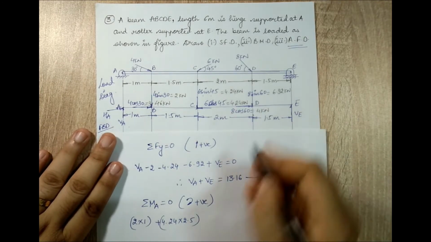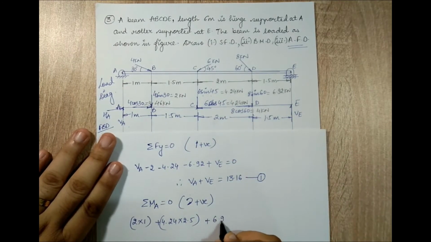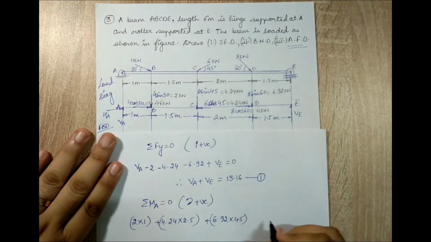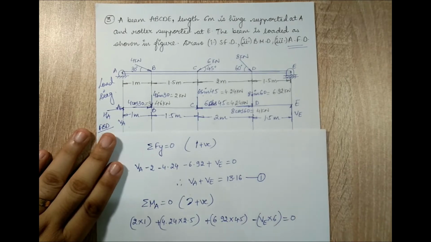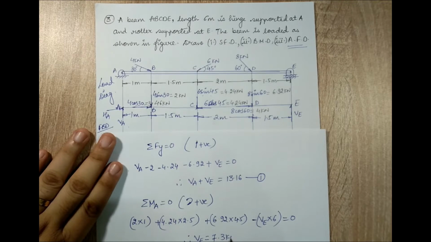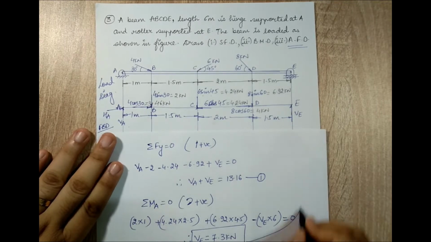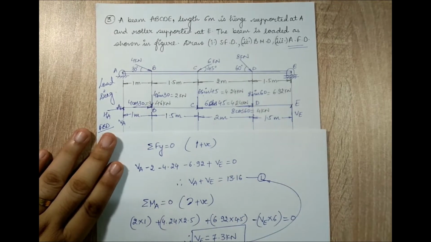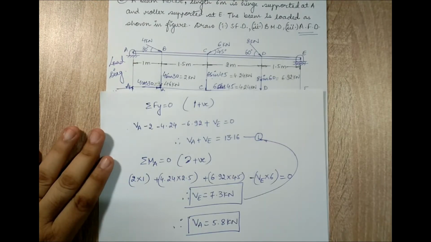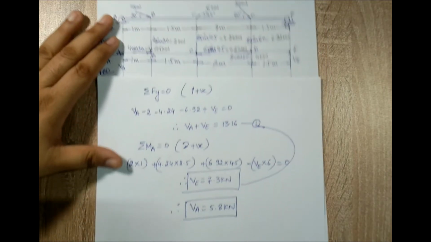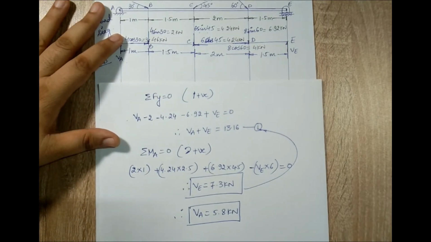Next I have 6.92, which is also turning clockwise by a distance of 4.5. And last I have VE, which is turning anti-clockwise. So it is VE into 6 equal to 0. From this equation I get the value of VE as 7.3 kilonewton. When I substitute the value of VE in equation 1, I get VA as 5.8 kilonewton. So these are the values that I have obtained for VE and VA.